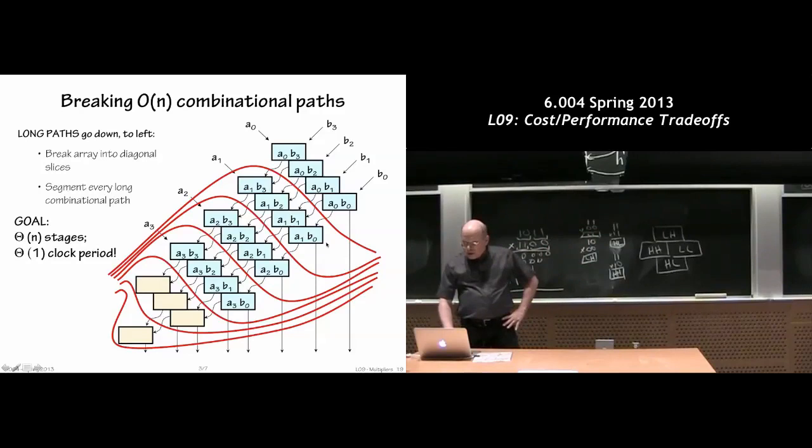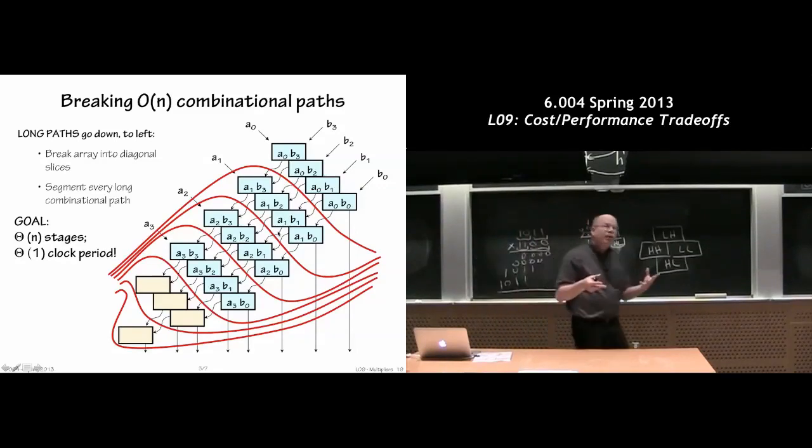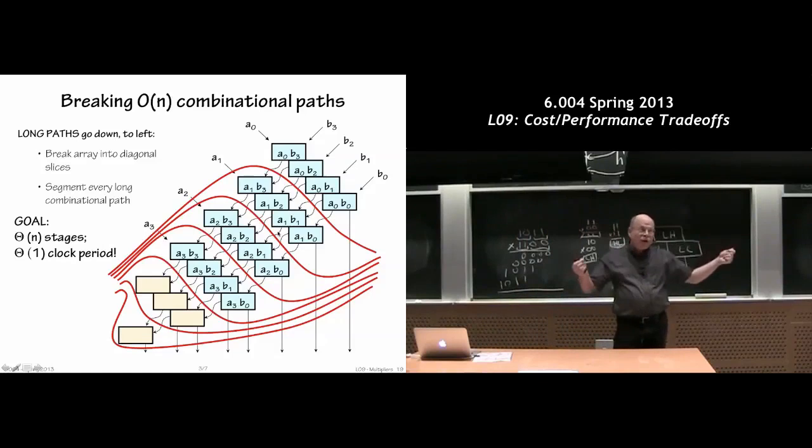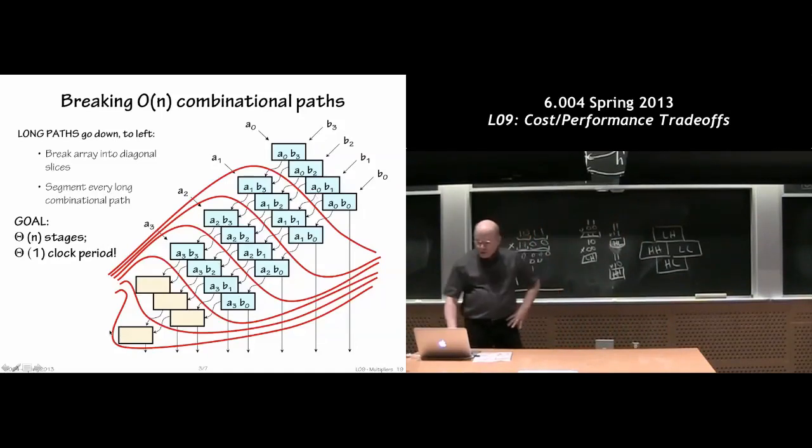So everything grows this way, and I add more pipe stages, but there's constant time here. So the clock period is constant. If I go from 32-bit multiplications to 64-bit multiplications, I use more hardware. It will take me more cycles of latency to get the answer, but I won't have to change the clock period. So there's a constant path here that's independent of the size of the operands.